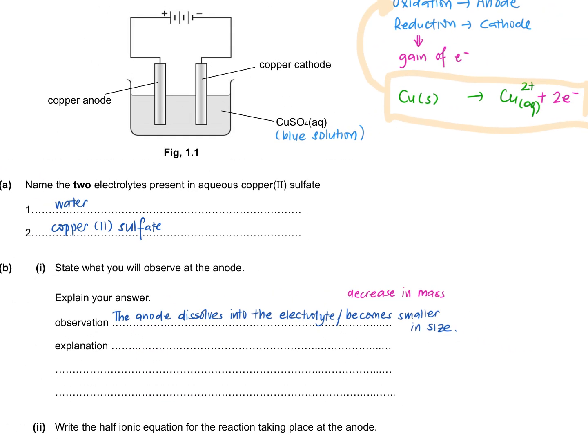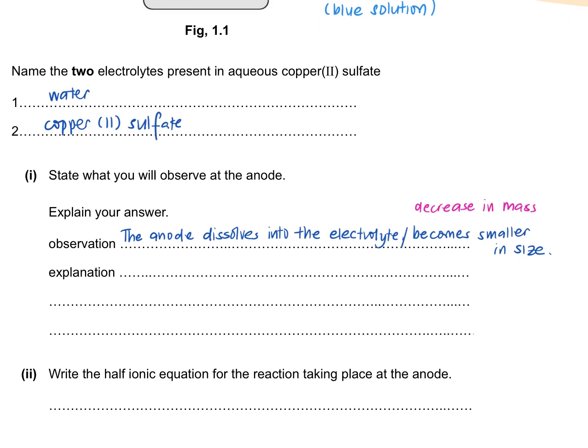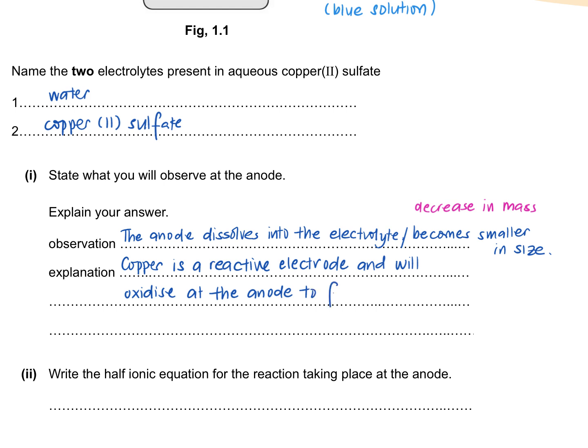Okay, explanation. You write: copper is a reactive electrode and will oxidize at the anode to form copper 2 ion.